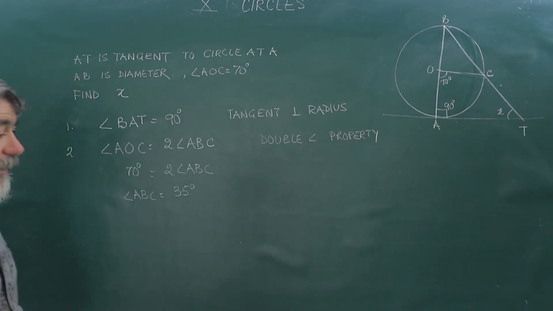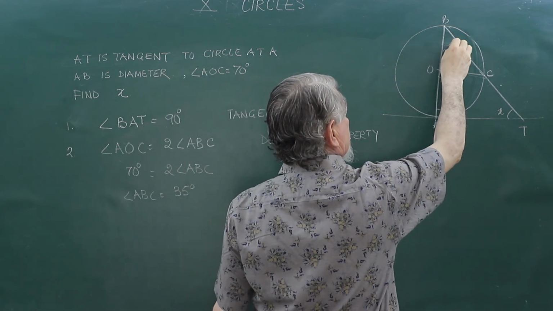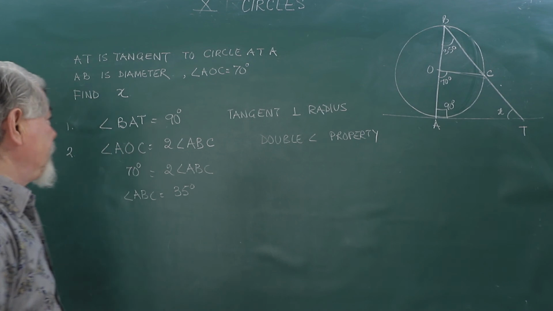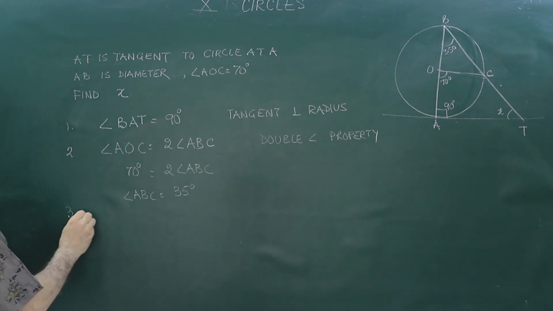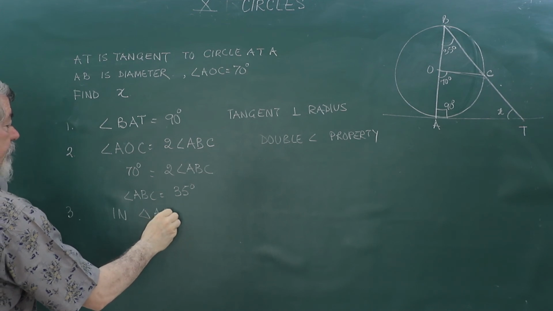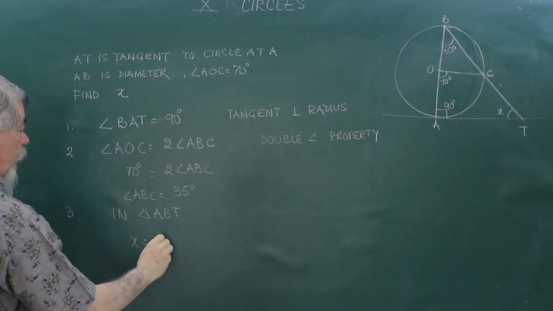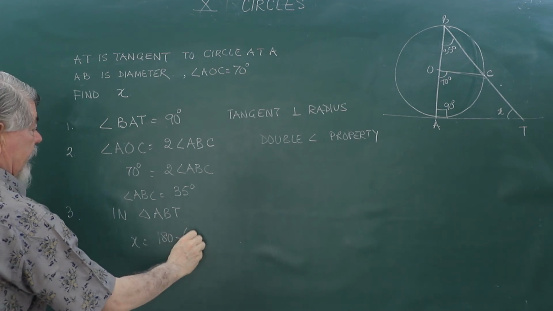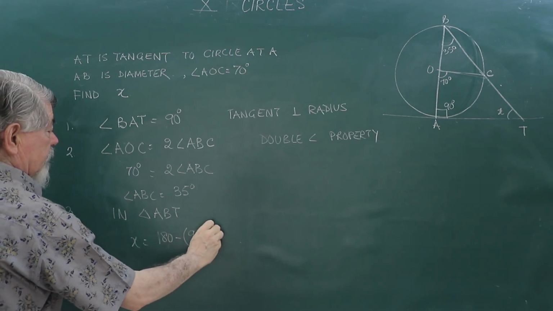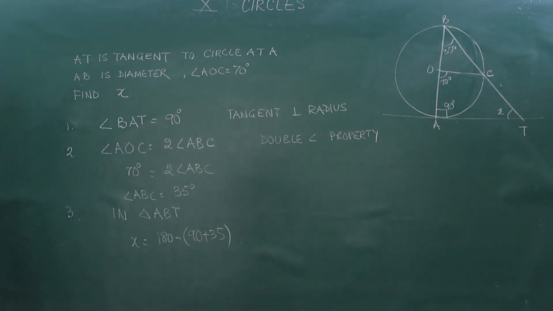Now we have got this angle to be 35. Now in triangle ABT, I can calculate angle X as 180 minus 90 plus 35. The sum of the interior angles of a triangle is always equal to 180 degrees.